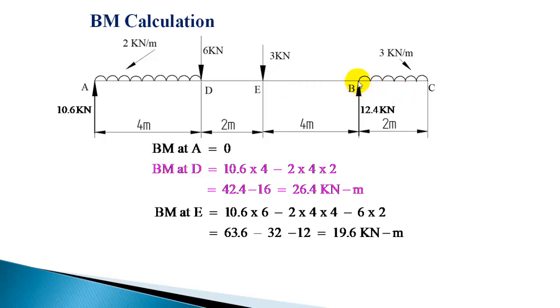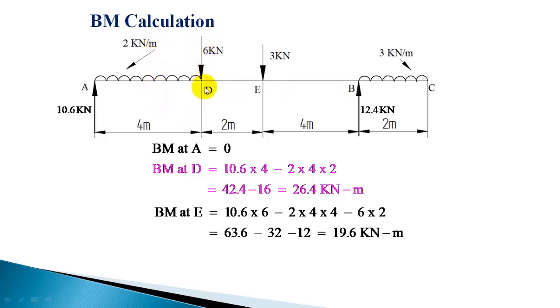Next you have to calculate the bending moment at B. You have 10.6 into 10 meter, total 10 meter, and this 2 into 4, 8, 8 into the distance, which is 2 plus 2 plus 4, that is the distance of this load from the moment center B. So totally 8 meter, 8 into 8, and it is negative moment.